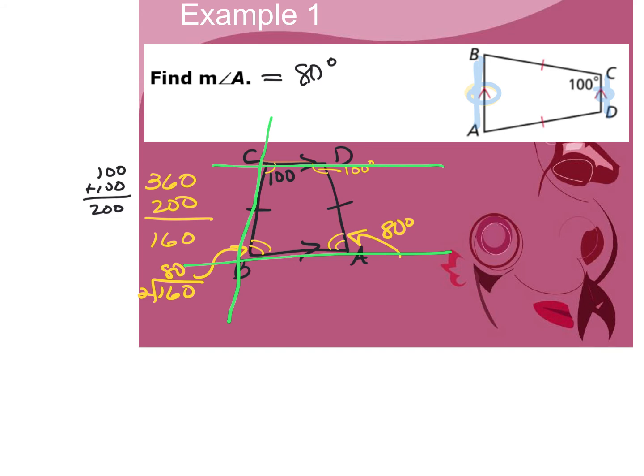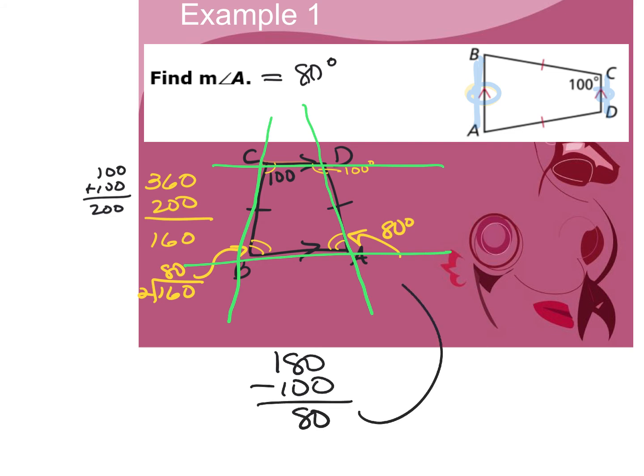So you could have also found, and this would also be a transversal over here. So to find the measure of angle A, all I really needed to do was 180 minus 100, and I get 80 degrees. So you can either draw the trapezoid and show me that you knew that these were parallel, and it's a transversal, and then just show me that you subtracted from 180.